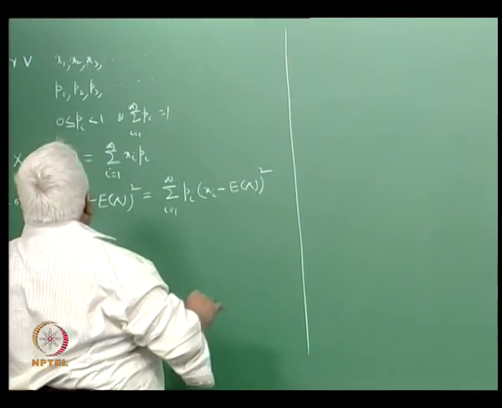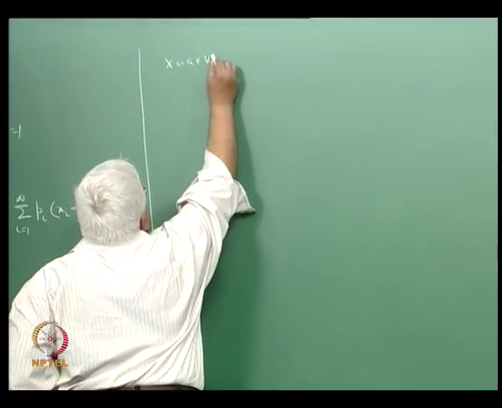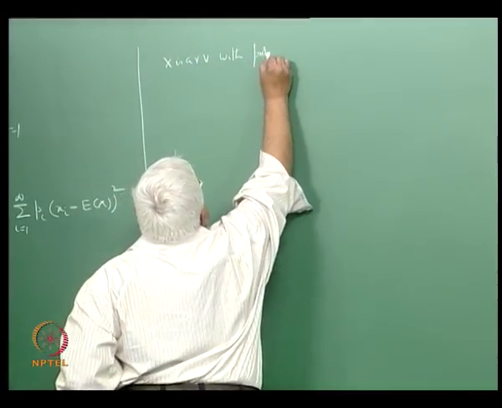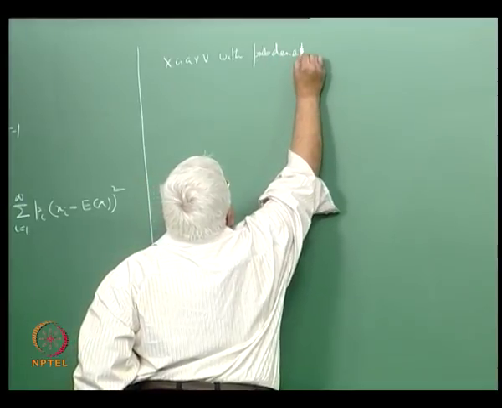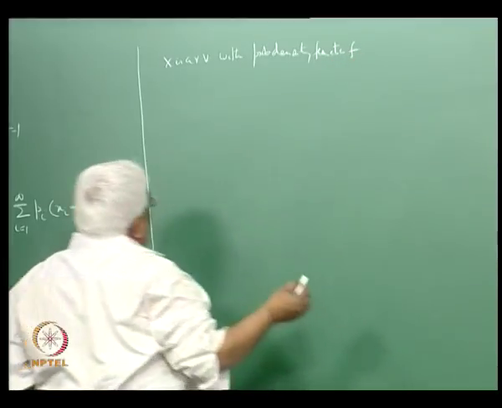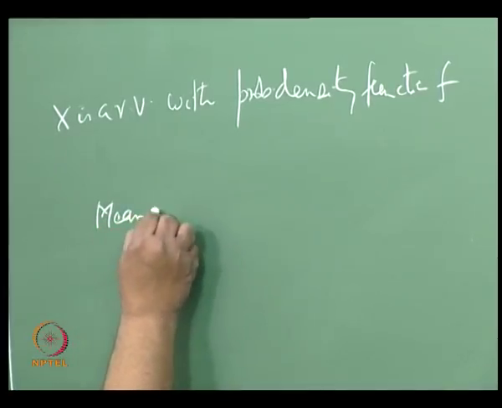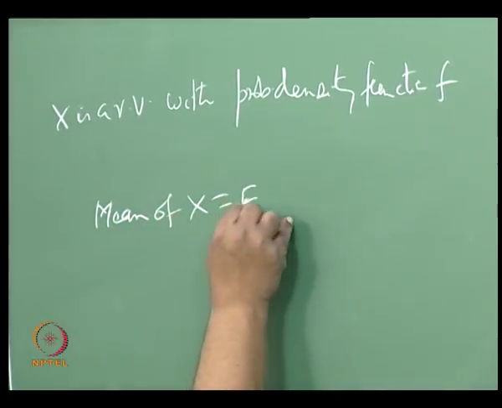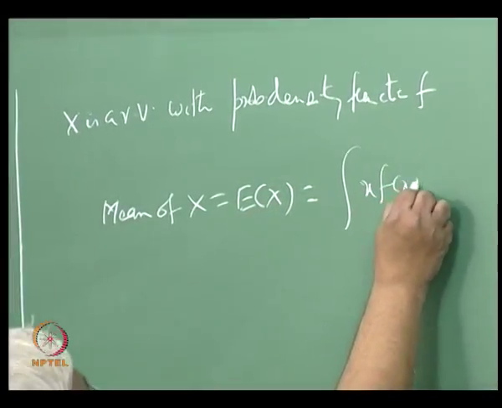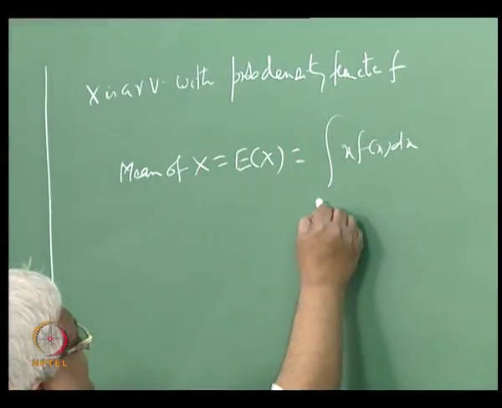But for continuous random variables, here X is a random variable with probability density function, say f, then the mean of X, which is the same as expected value of X, is equal to the integral of x f(x) dx.